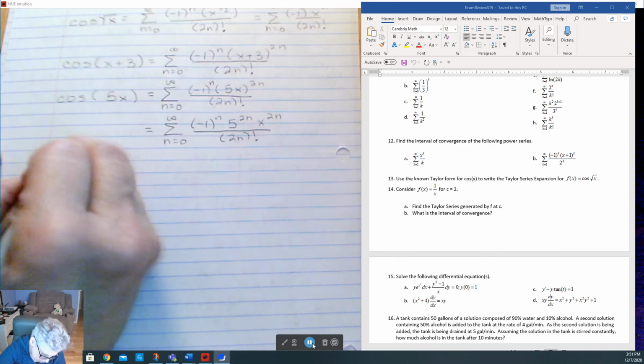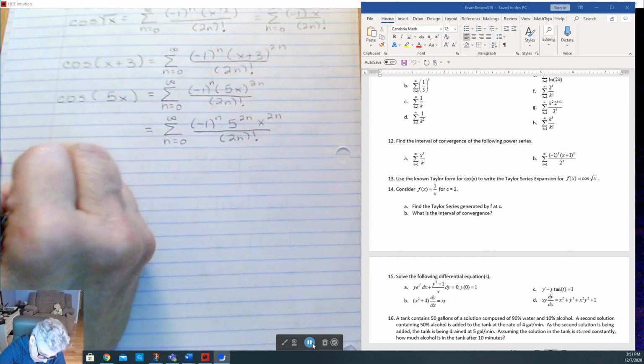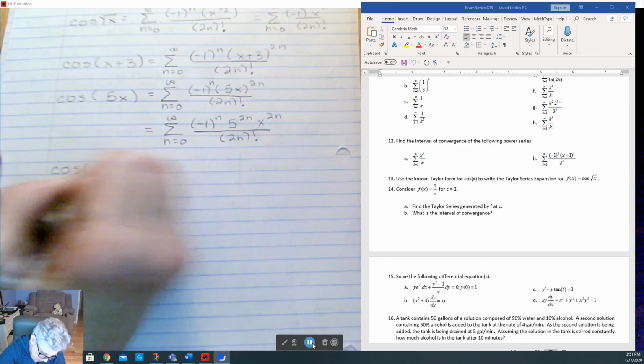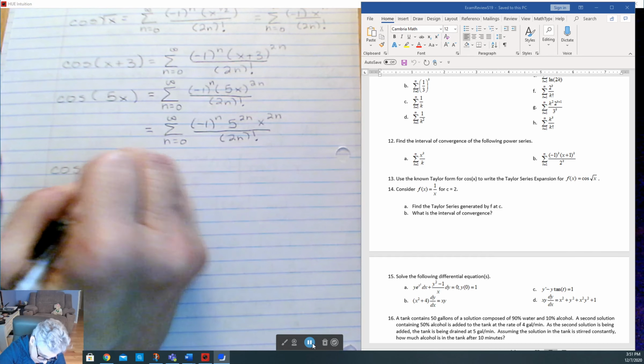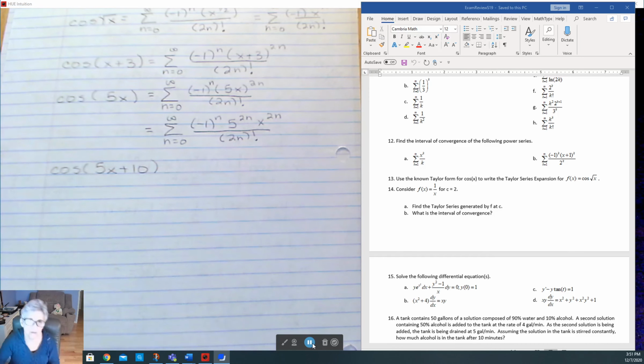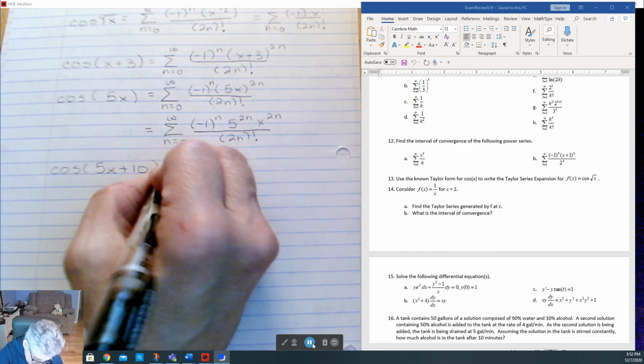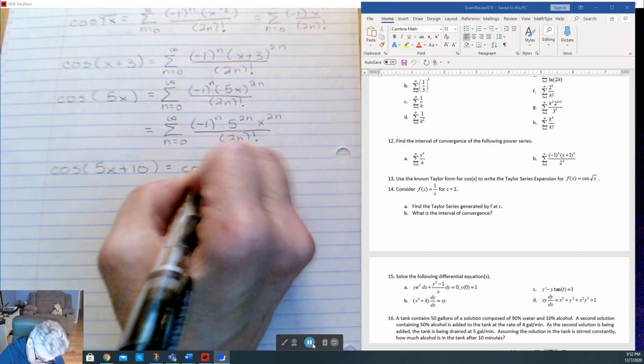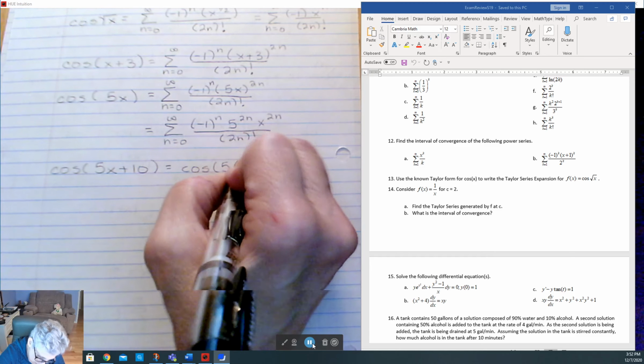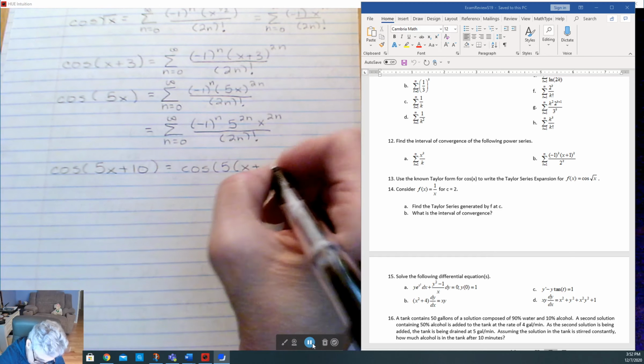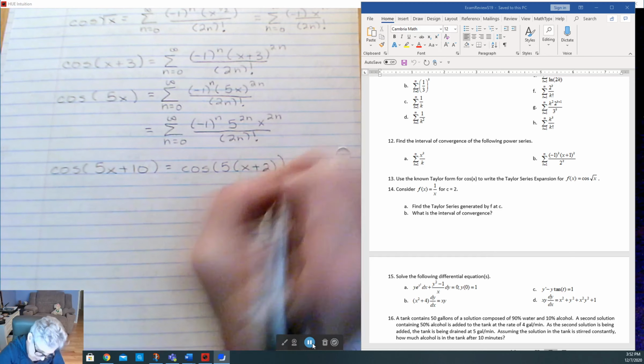Now, just for one more, to add another bit of confusion, what if you had cosine of 5x plus 10? Ooh, then you would need to do a little bit of factoring, because you would want to write that as 5 times x plus 2.